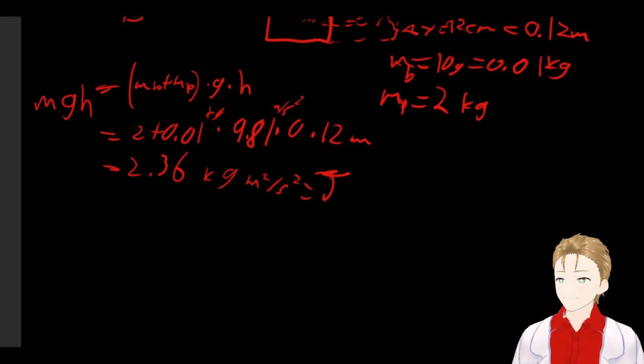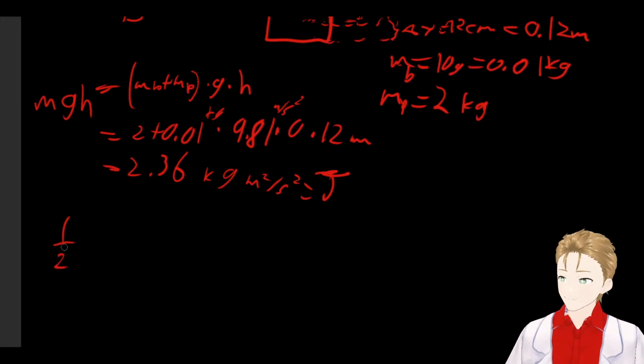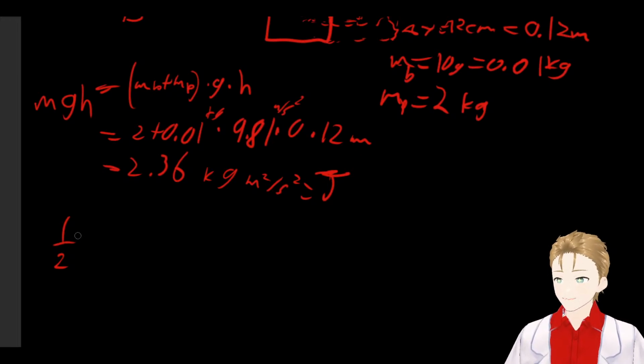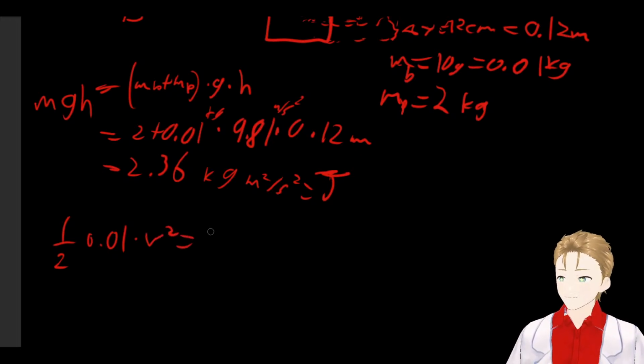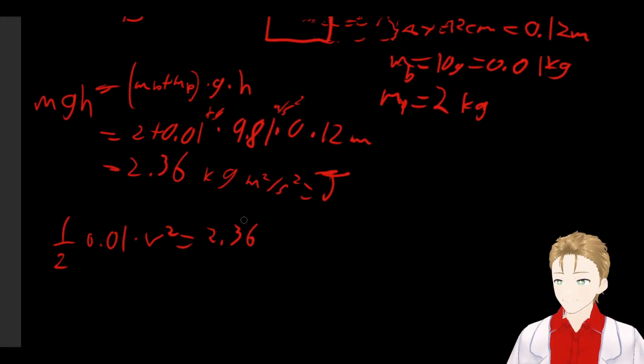Do we need the kinetic energy? I mean, the kinetic energy of, let's say, the bullet, because the kinetic energy of the pendulum is 0, we can ignore that. The bullet had 0.01 times velocity squared. Velocity squared, we don't have it, so we're just going to plug that in.